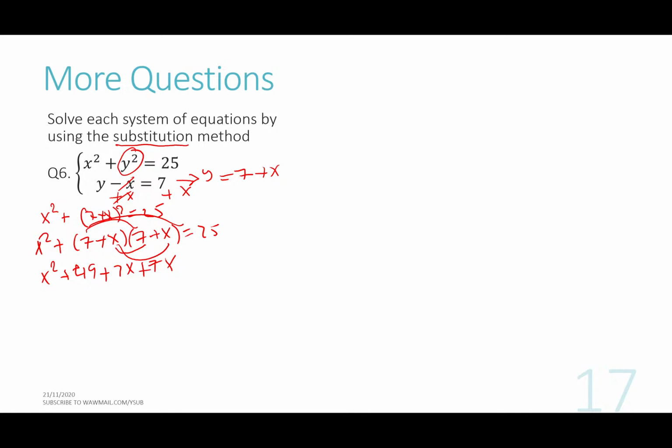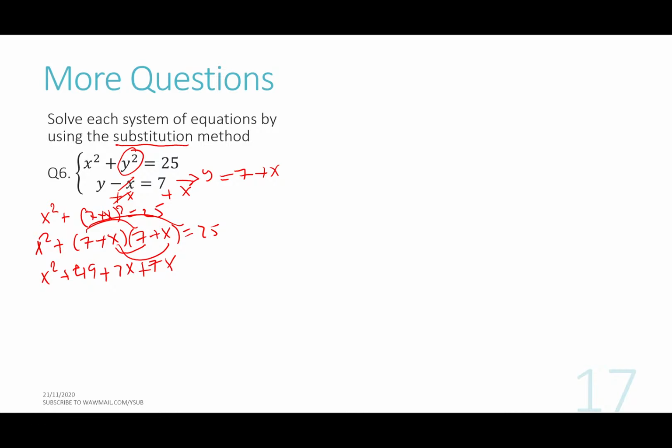Now if we want to get rid of 25, we do 2x squared plus 14x plus 49 minus 25 is 24. Now if we notice that there is a 2 shared here, we can divide by 2, so x squared plus 7x plus 12 is equal to 0.